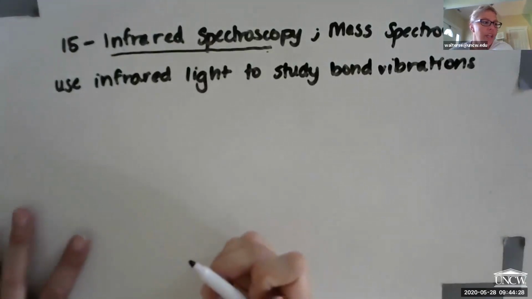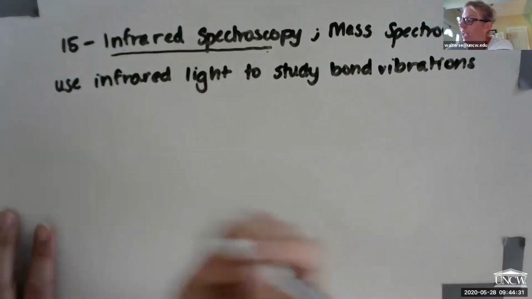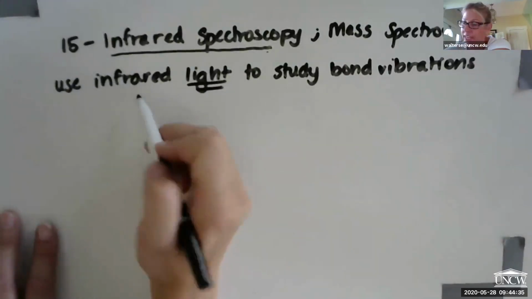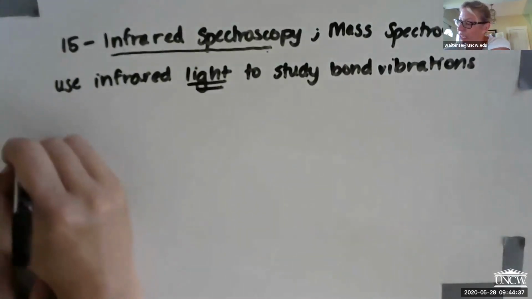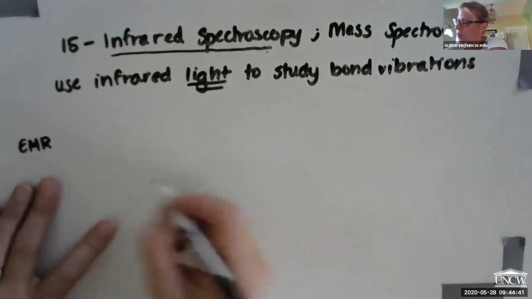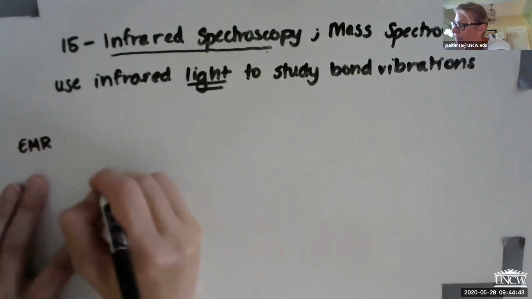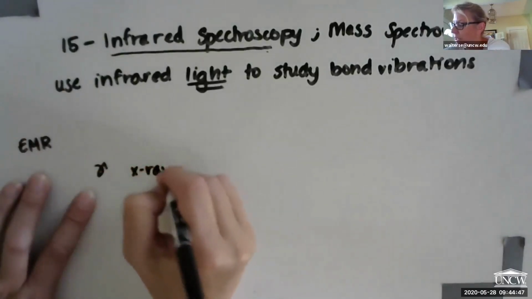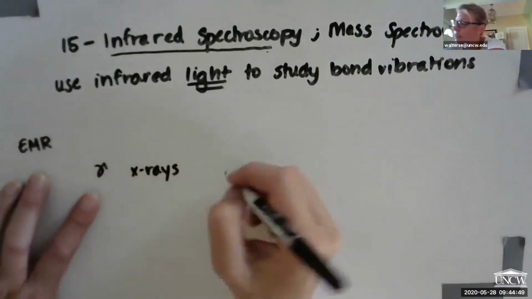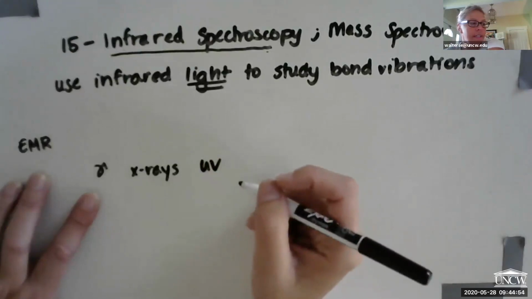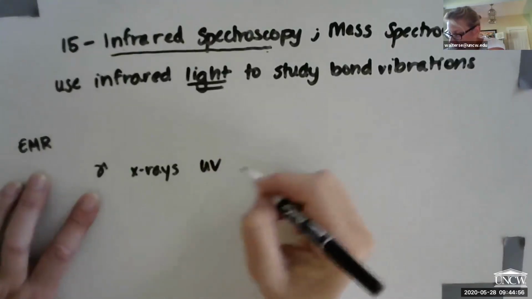When you look at light, we're talking about using a specific kind of light. In the electromagnetic radiation spectrum, or EMR, you have gamma rays, and you don't have to memorize this, X-rays, ultraviolet, which would be vacuum ultraviolet.